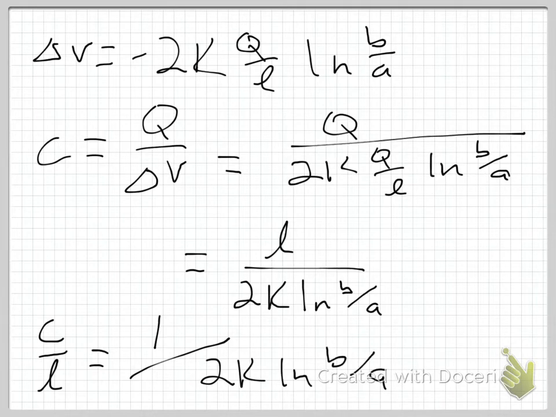Something interesting here is that in this form of the capacitance per unit length, for this particular arrangement of charged cylinders, you have to be very careful where you set your 0 point for potential, because you run into problems. If you set it at point A, you run into a problem there because you're dividing by 0.